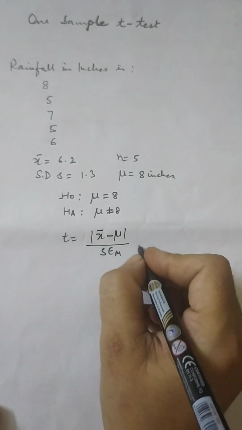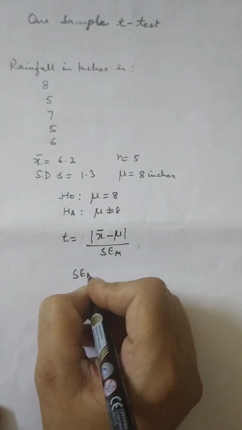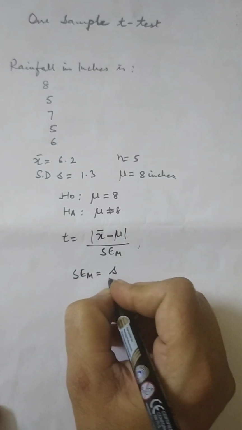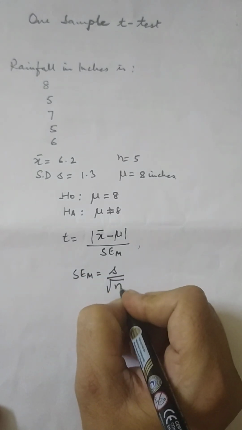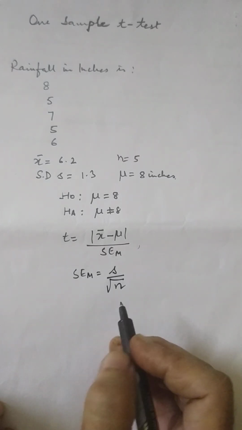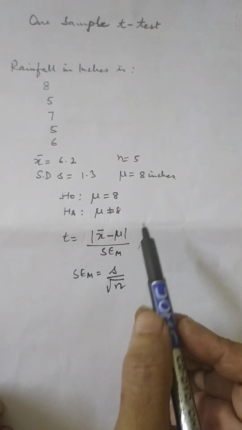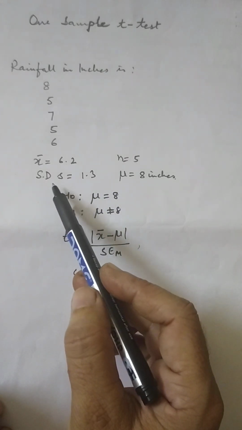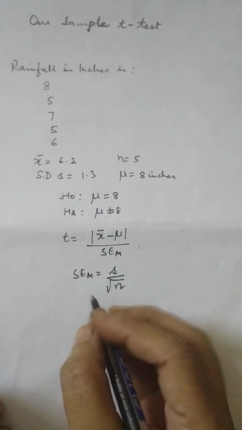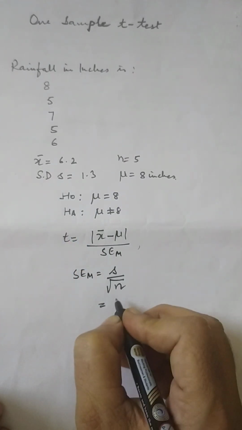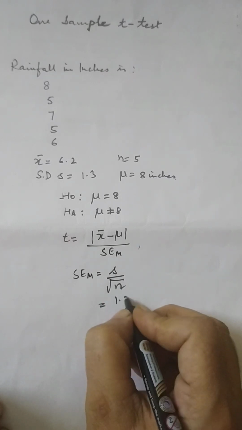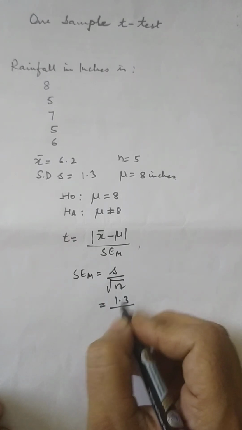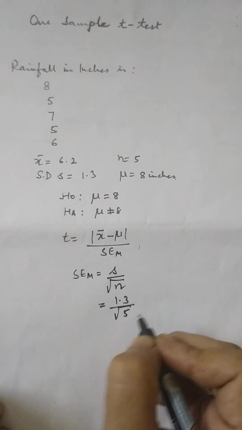And the standard error of the mean, we know the formula for that, is s over the square root of n, right? We have already learned how to find the mean and standard deviation, so using that we can find the standard error. Here s is 1.3 and n is 5, so it is the square root of 5.